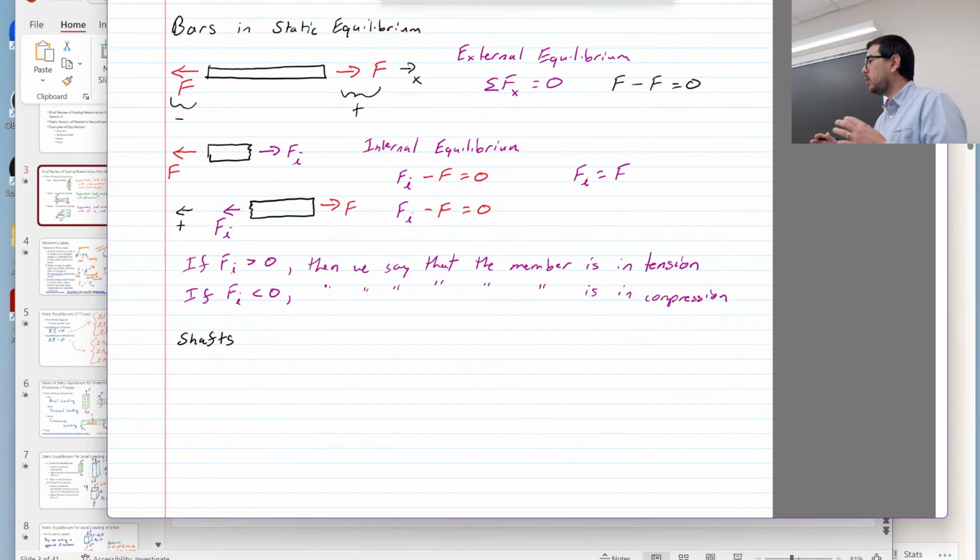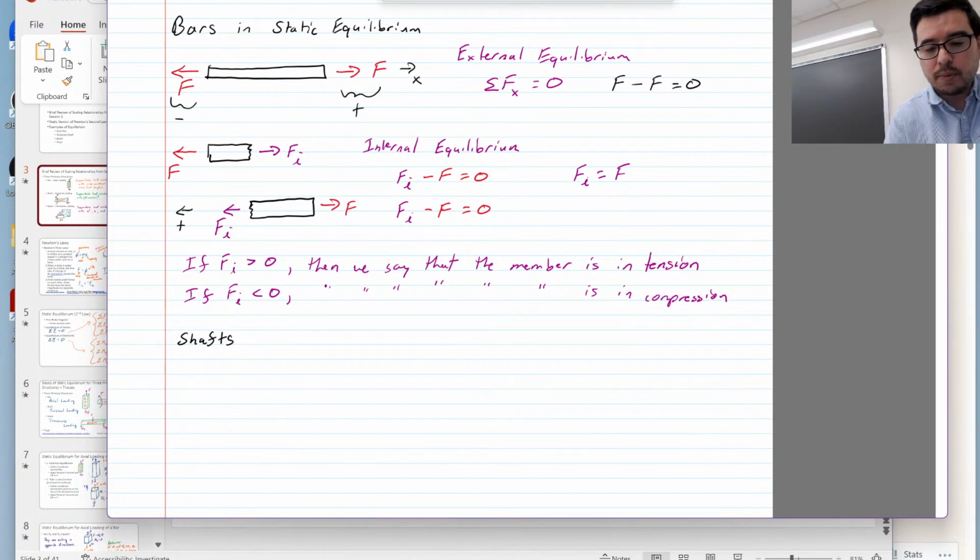And it could be rotating at a constant speed, and it could have some power associated with it, but it's a member that is handling torque. So often what happens is we draw something that looks kind of like this, or at least I do. And there's more of this, of course, in the notes.